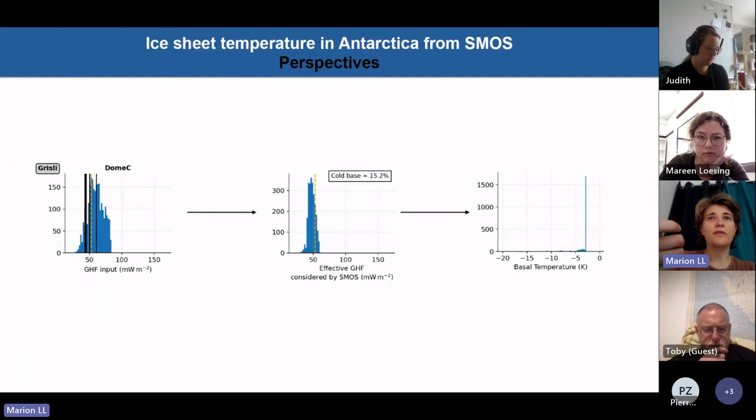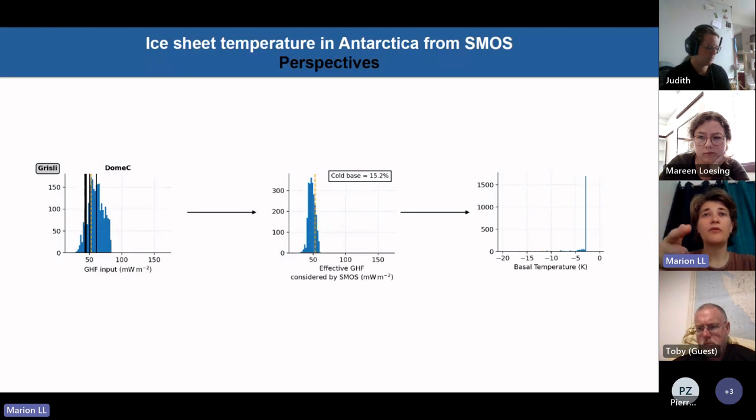So we have a kind of maximum value of geothermal flux from the SMOS point of view. This is the histogram that we can show in the central middle figure. The kind of information that we can obtain from SMOS in this case is to say whether we are in a cold base or in a warm base.